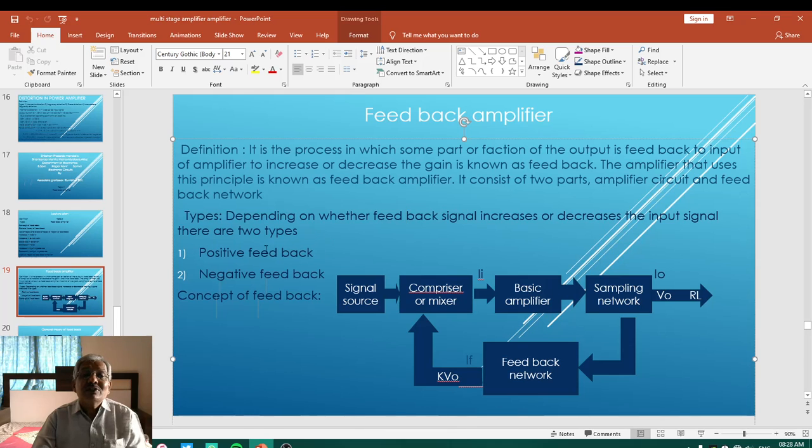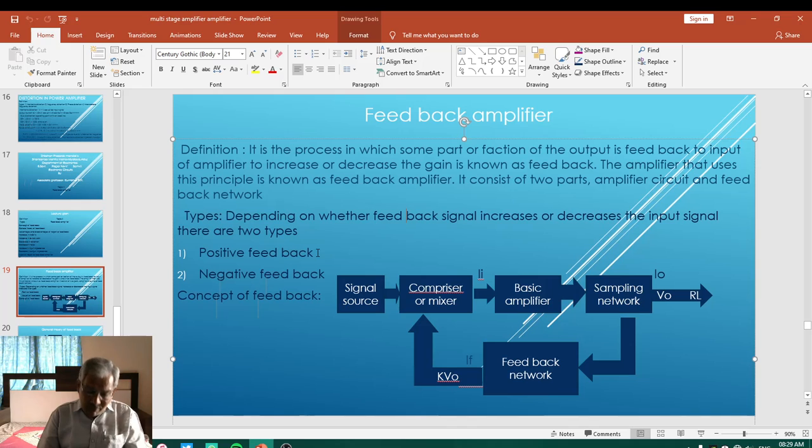Friends, positive feedback is the feedback in which some part or some fraction of the output is fed back to the input in such a way that it will increase the input signal. In the sense, the part of the output which is fed back to the input is in phase with that of the input.